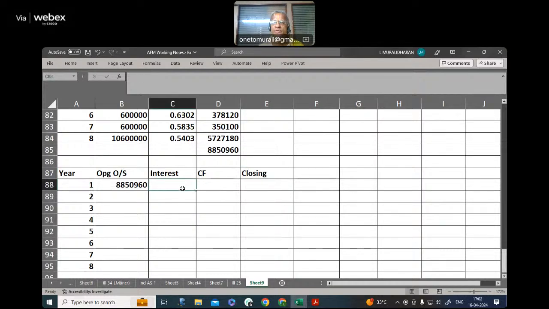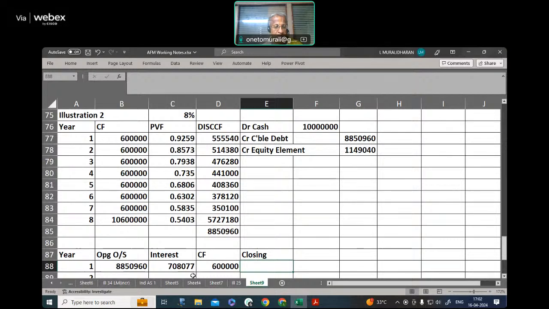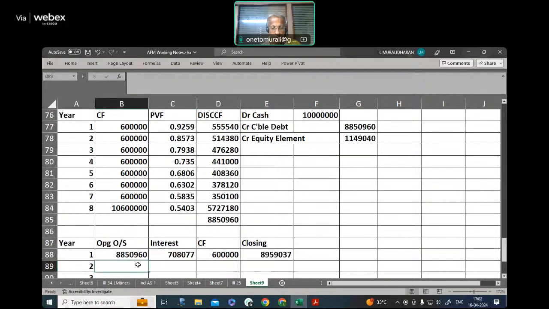Now, interest is to be charged at the rate of 8%. Round this, into 0.08. Cash flow is going to be this. What should be the closing? Opening plus interest minus the cash flow. So that closing becomes the opening in the next case.